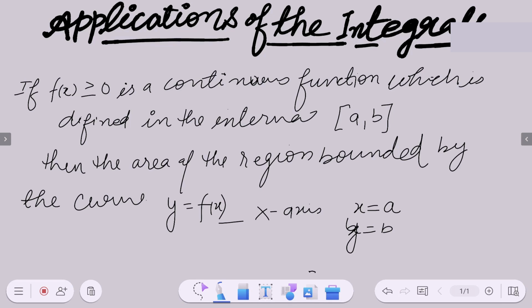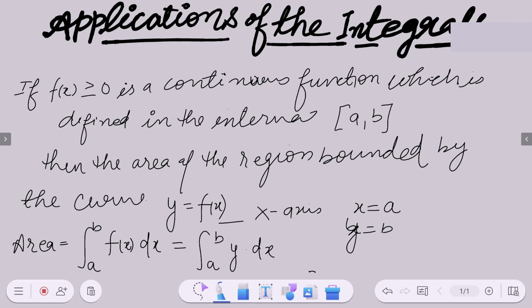So the area of this region is equal to integral from a to b of f(x) dx, which is equal to integral from a to b of y dx, since f(x) is equal to y.